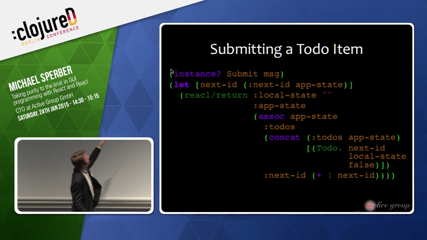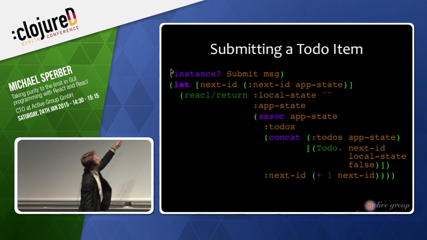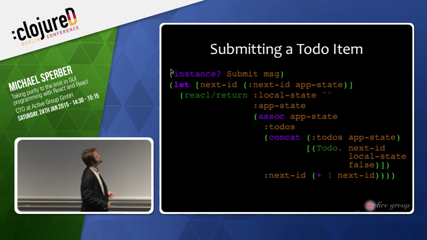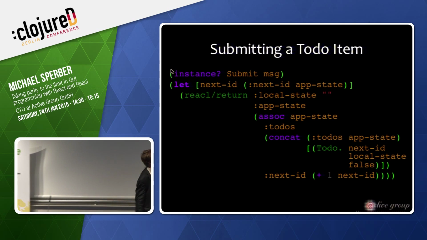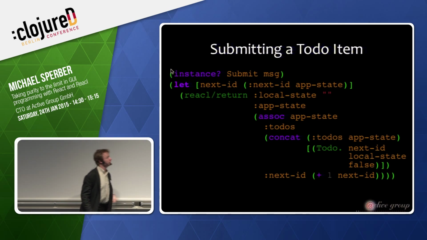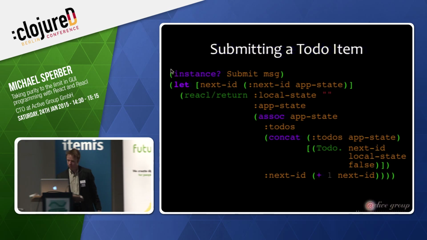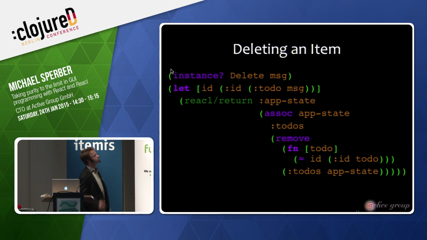That's up there, and then we just want to define what the new application state is, which is, we're going to take the old list of to-dos, and create a new to-do item with the next ID number, with the text of the local state, and it's not done yet. So it's a couple of lines of code, but it does something very straightforward. And of course, the next to-do item after that should have a higher number than this one. And then it gets really boring.